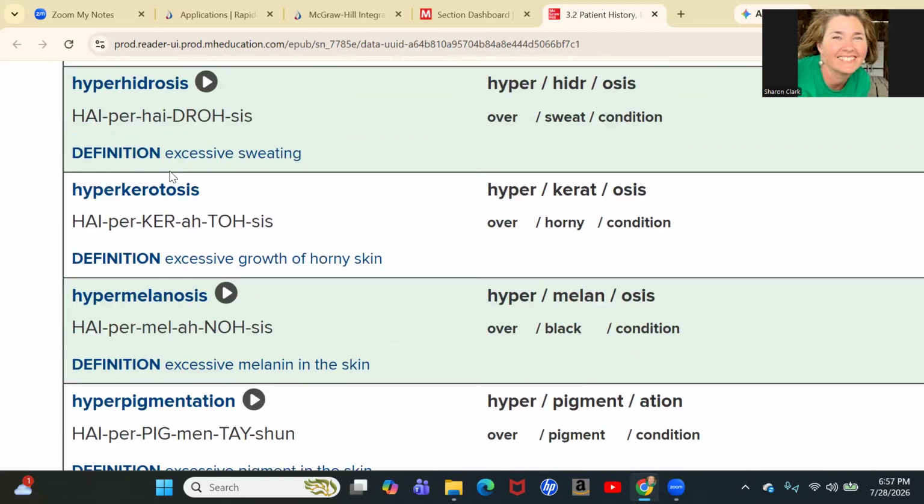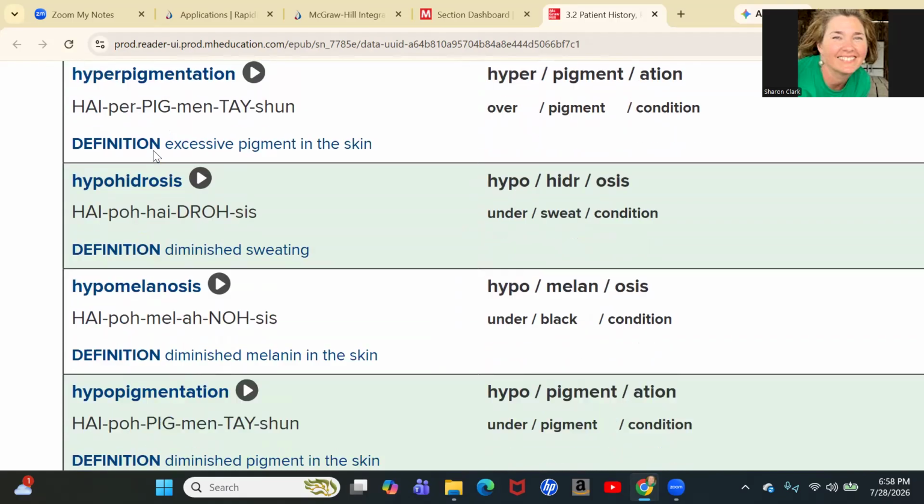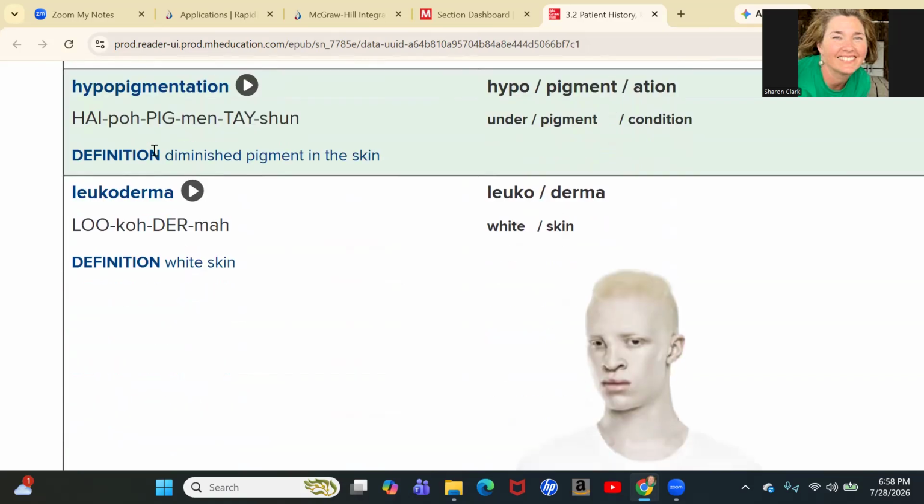Yes, it looks big and intimidating. Hyperpigmentation, hypermelanosis. Holy cow. Yikes. What does that mean? You know the prefix hyper means excessive. You know the suffix osis means abnormal condition. Break it down into its little teeny parts and you can definitely get it.